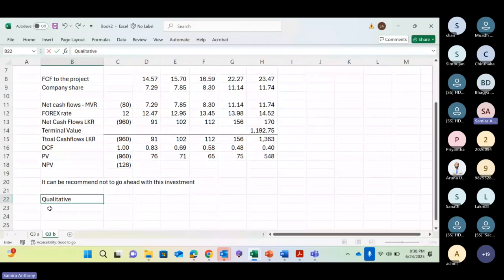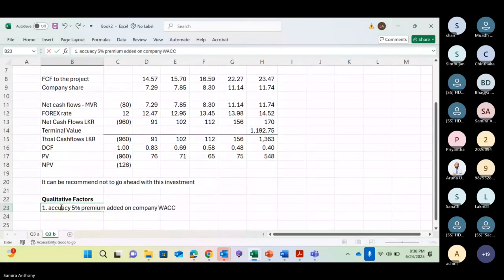Number one, the accuracy of the 5% premium added on the company WACC to justify the cross-border investment.